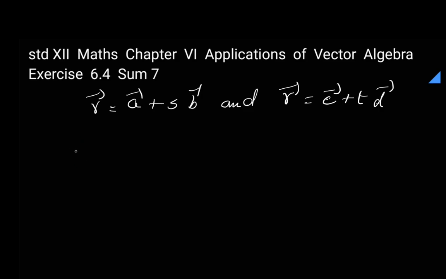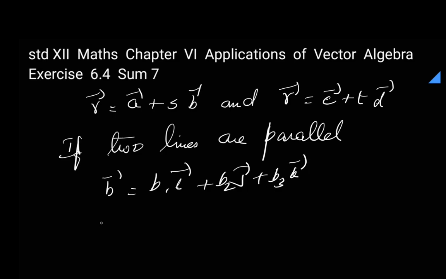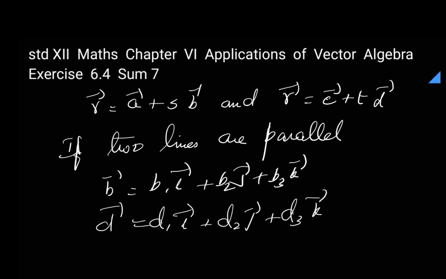So if these two lines are parallel, in the parallel vectors you take the direction ratios: vector b equals b1 i plus b2 j plus b3 k, and vector d equals d1 i plus d2 j plus d3 k.